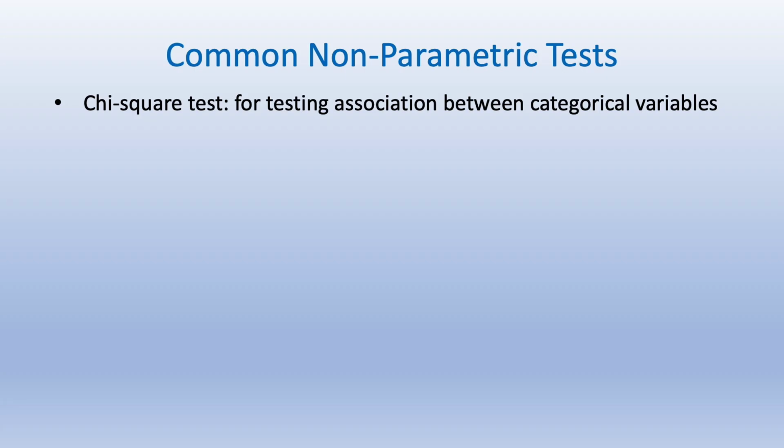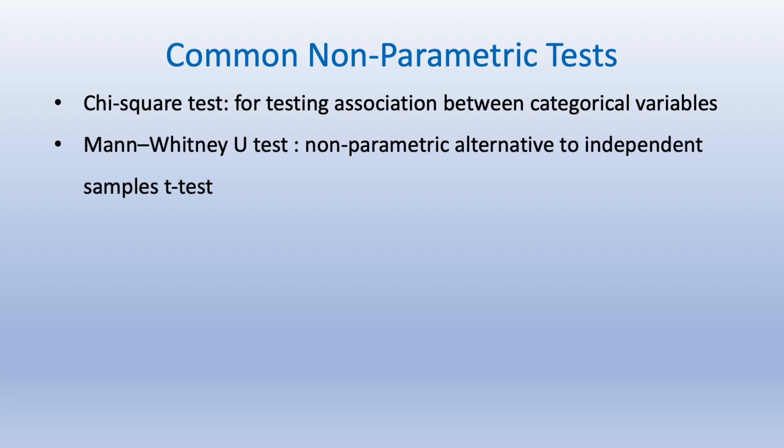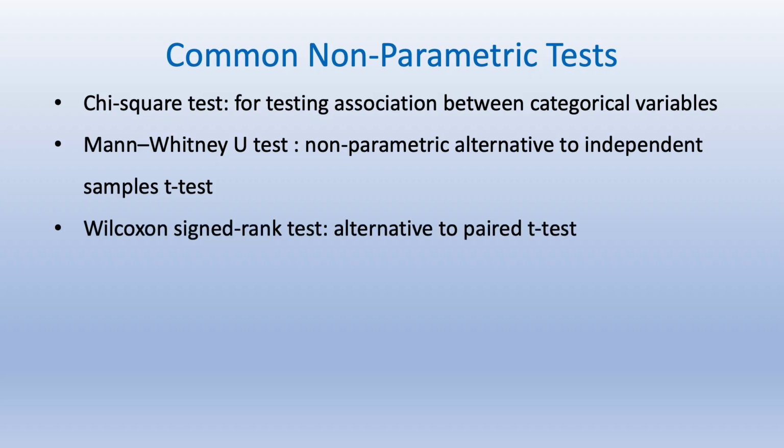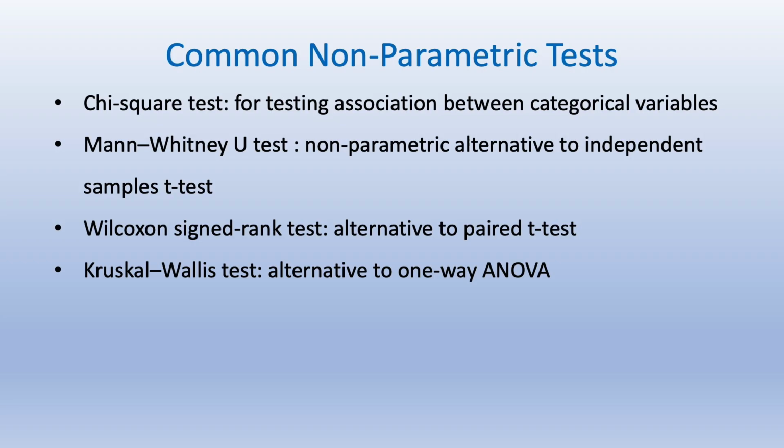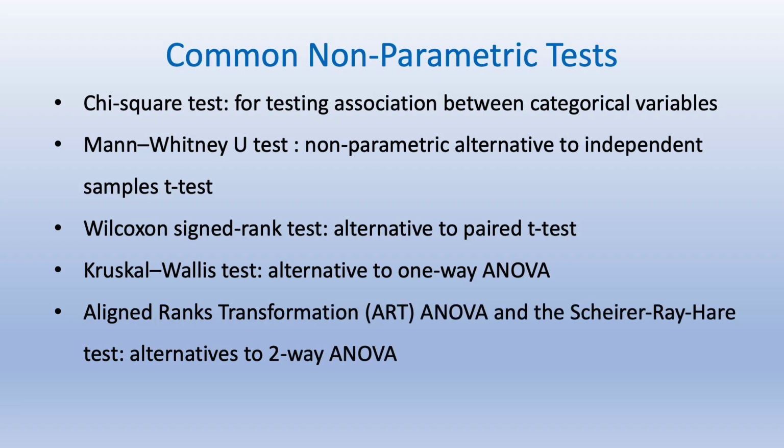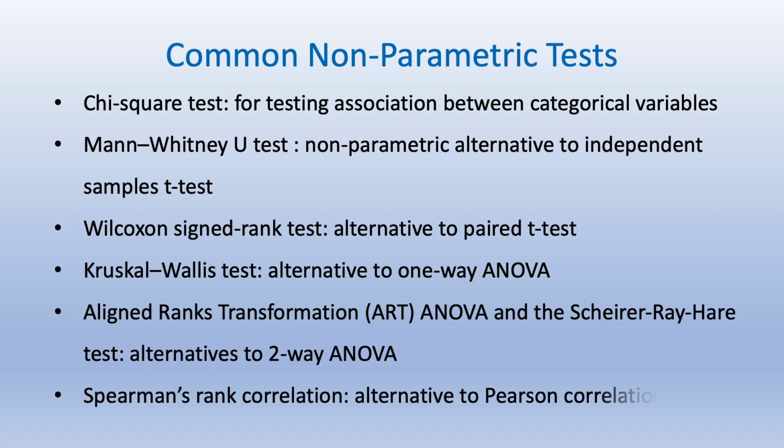Some widely used non-parametric tests are the chi-square test for testing association between categorical variables, the Mann-Whitney U-test, a non-parametric alternative to the independent samples t-test, the Wilcoxon signed rank test, an alternative to the paired t-test, the Kruskal-Wallis test, which is an alternative to one-way ANOVA, aligned ranks transformation ANOVA or ART-NOVA, and the Scheirer-Ray-Hare test, alternatives to two-way ANOVA, and Spearman's rank correlation, which is an alternative to Pearson's correlation.